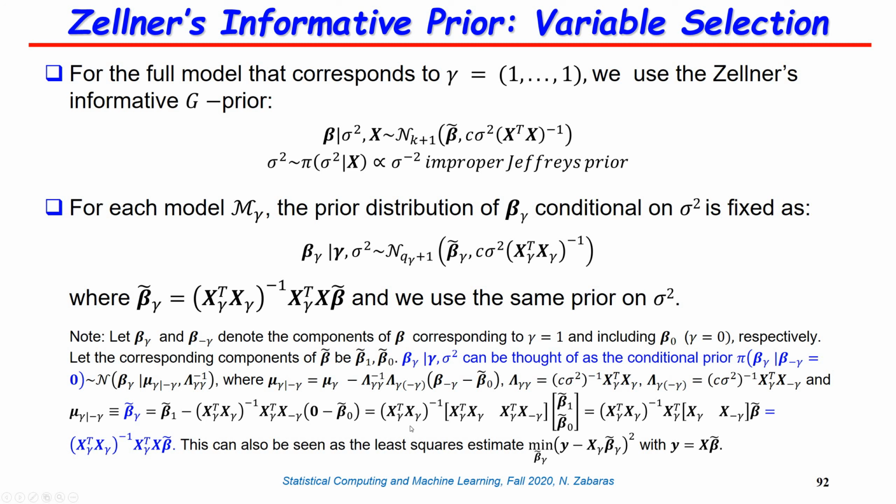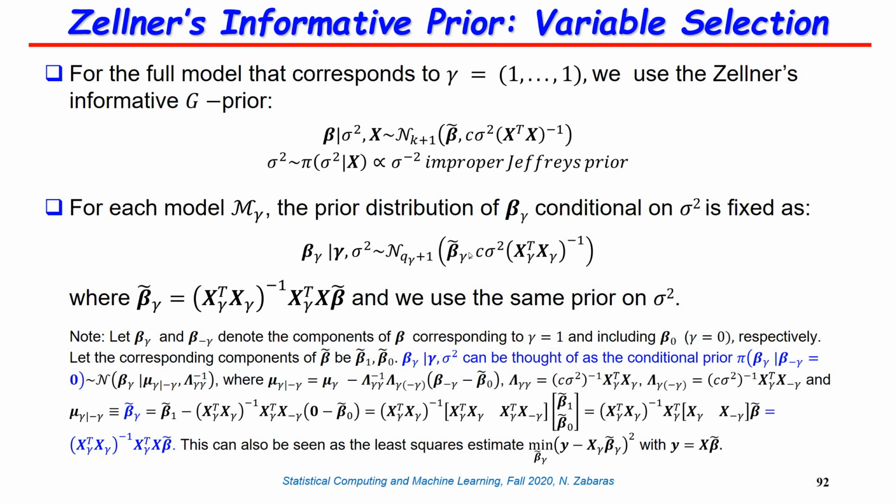So let me start with the easiest possible way. If you remember, I have a set of observations y that, using my full model, I approximate as x times beta. So let me approximate my measurements y as x times the prior mean tilde of beta.